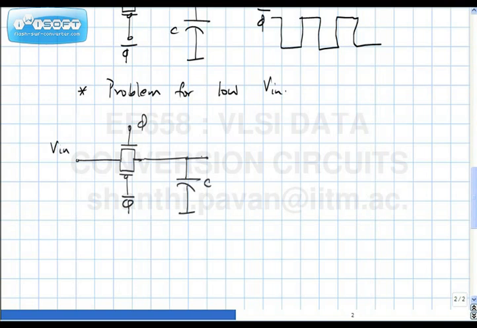If you plot, for example, the conductance of the NMOS transistor as a function of voltage, the x-axis is Vn, and it varies from 0 to VDD.